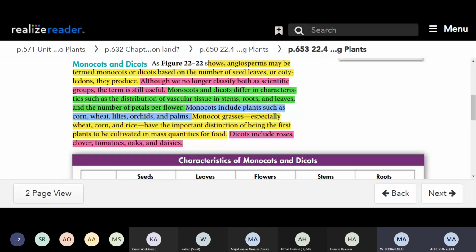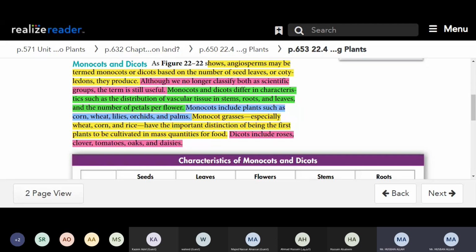So that is the point I already explained. Although we no longer classify them as a scientific group, the term is still useful. We are not using monocot and dicot as scientific terms now, right? Yesterday in the previous lesson, I told you that now it's classified into 5 different categories, right? But still, monocot and dicot is a useful term for better understanding.